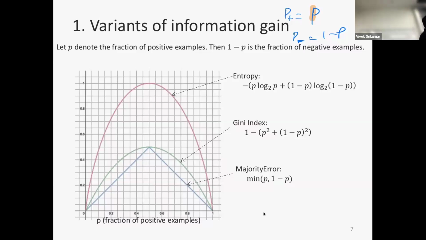Gini index is green and the majority error is blue. And notice that all of them have a similar sort of shape. When P is 0, all of them are 0. When P is 1, all of them are 0, and they peak in the middle.